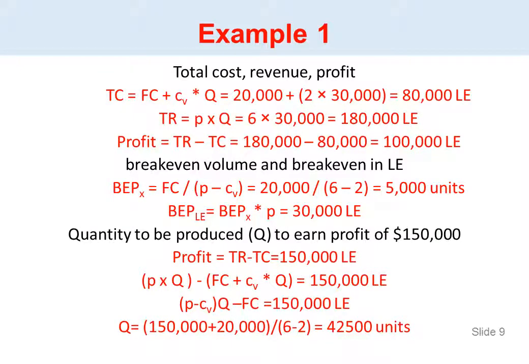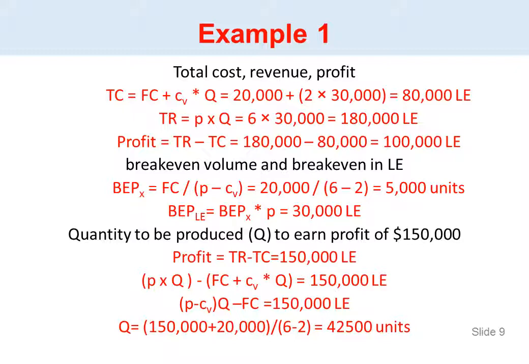Firstly, total cost, revenue, and profit. The total cost is the fixed cost plus total variable cost, which is variable cost multiplied by Q. Here it is. Now you substitute the values from the problem, and you get these values.